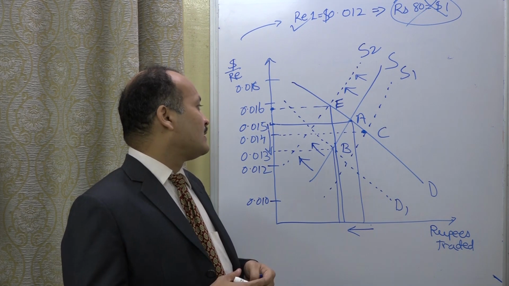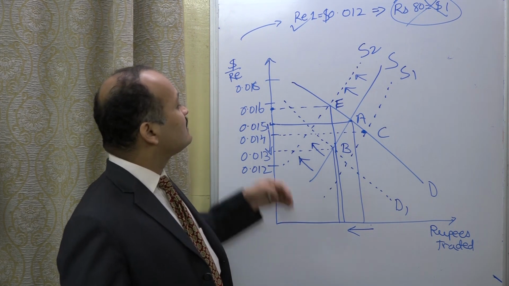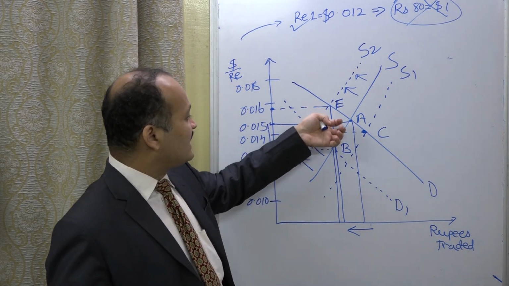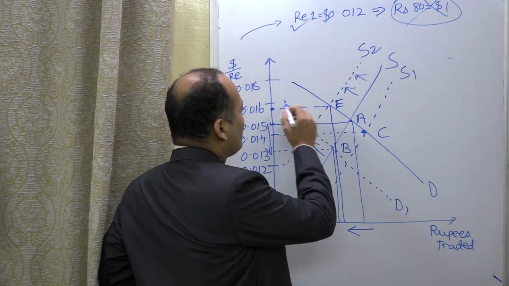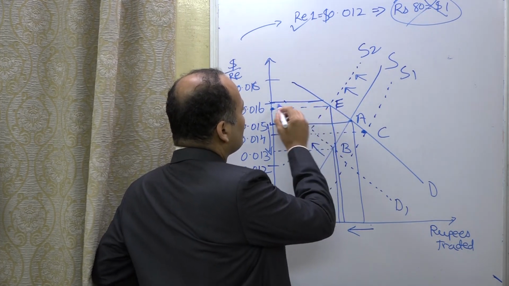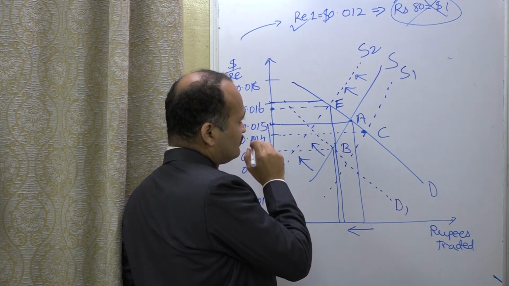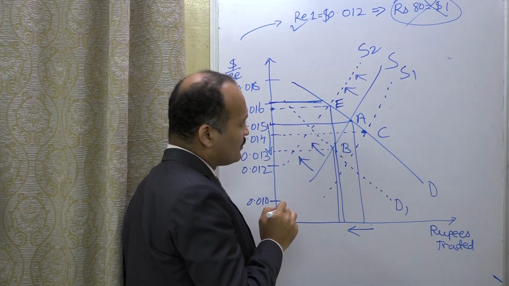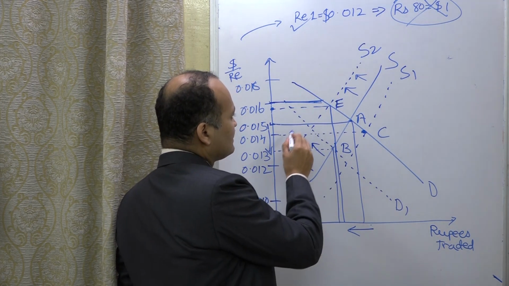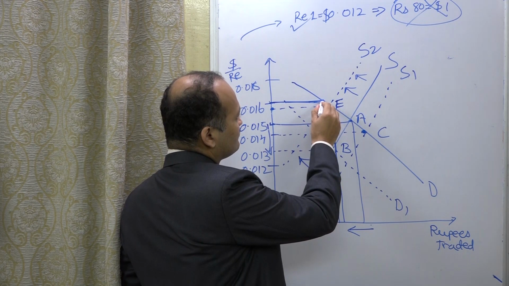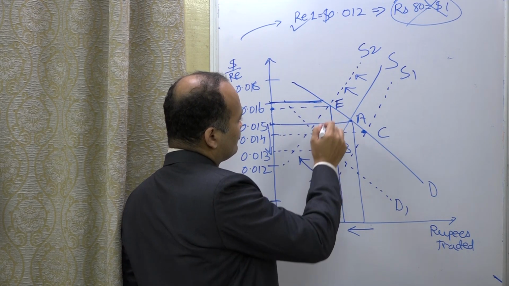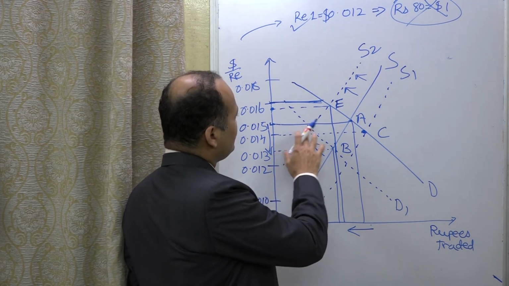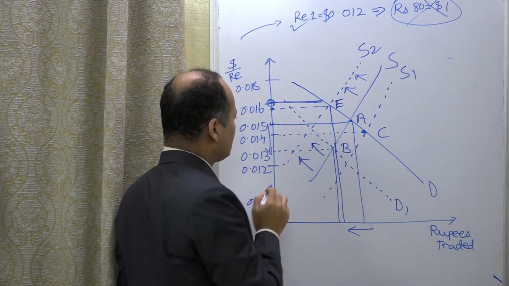Now, what RBI can do to again take the exchange rate back to 0.016 is it can pursue a tight monetary policy. Initially the exchange rate was at 0.016, which means initially the supply curve was such that you were at 0.016.